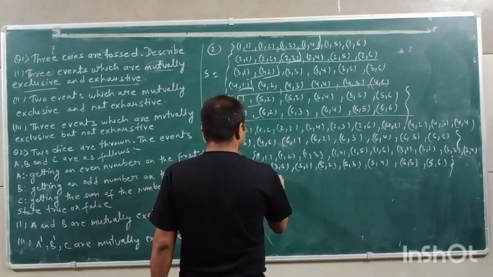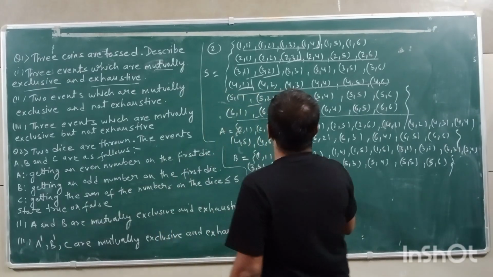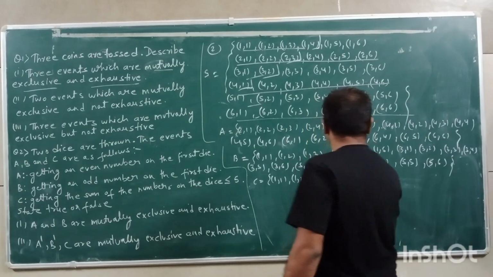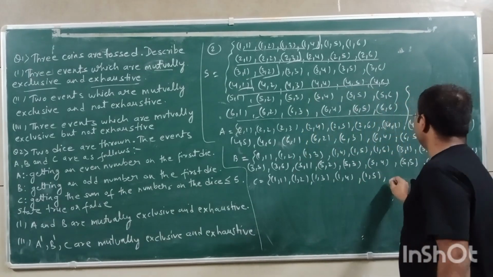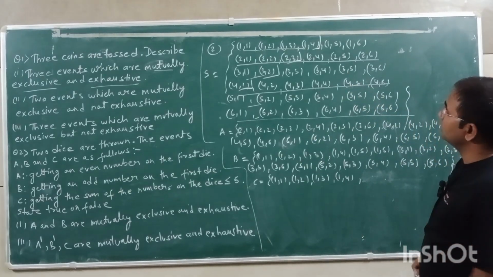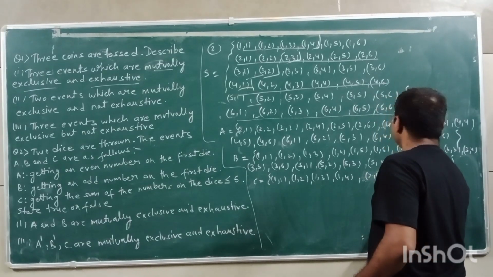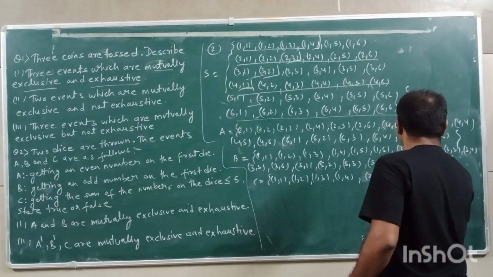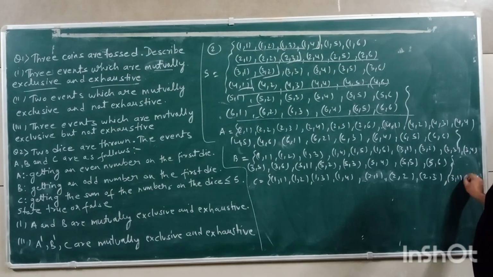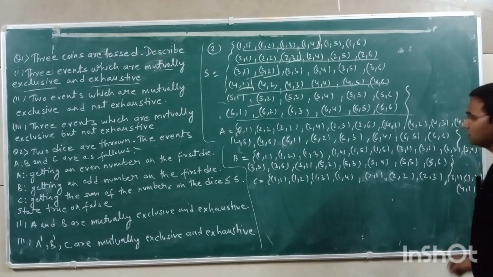So here write 1 comma 1, 1 comma 2, 1 comma 3, 1 comma 4, 1 comma 5, sorry, 1 comma 5 is not there, less than or equal to 5 you have to take. Then 2 comma 1, 2 comma 2, 2 comma 3 will be here. Then 3 comma 1, 3 comma 2, and last 4 comma 1. After this nothing you will get.